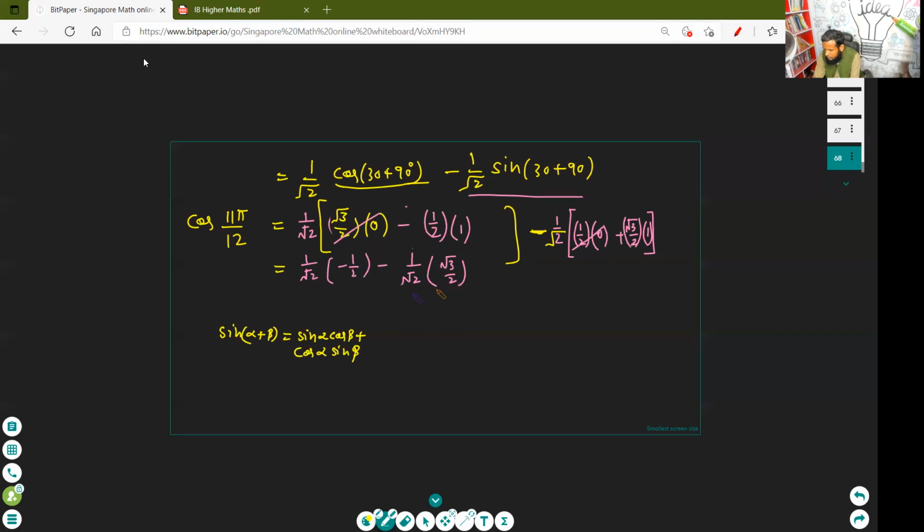The answer is root of 2 minus root of 3 over 2 root of 2. There you need to do rationalization, when there is a radical sign in the denominator. Can you do rationalization?